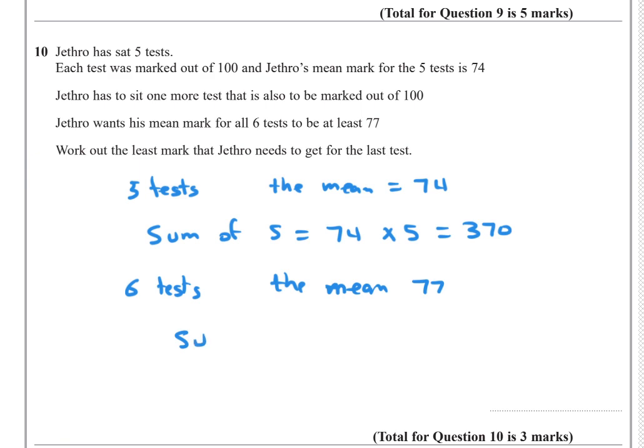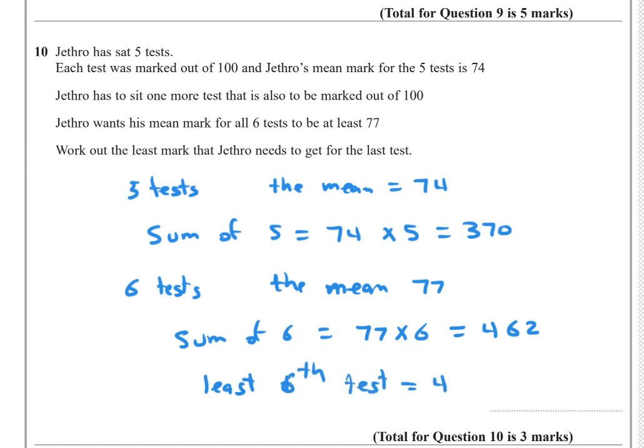So the sum of the 6 tests is 77 multiplied by 6 equals 462. Now the least value for the last test equals 462 minus 370 equals 92.